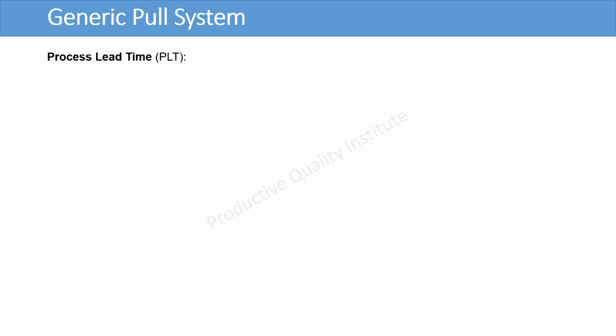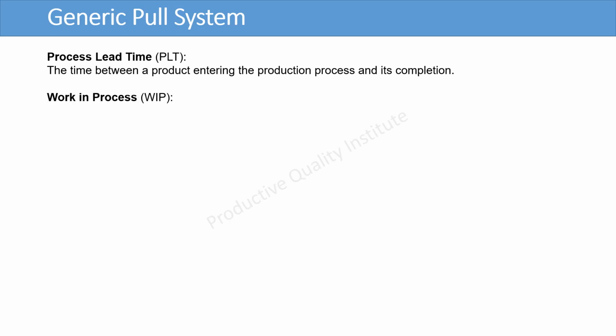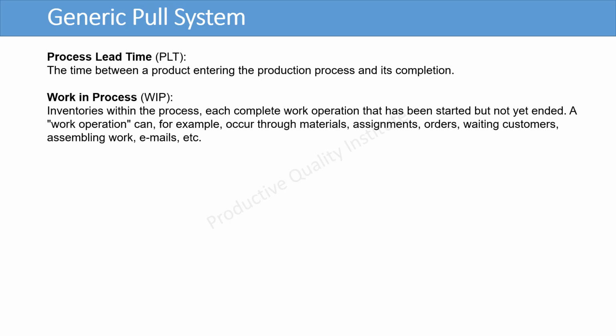Process lead time, PLT: the time between a product entering the production process and its completion. Work in process, WIP: inventories within the process, each complete work operation that has been started but not yet ended.